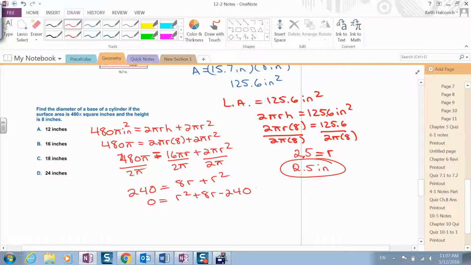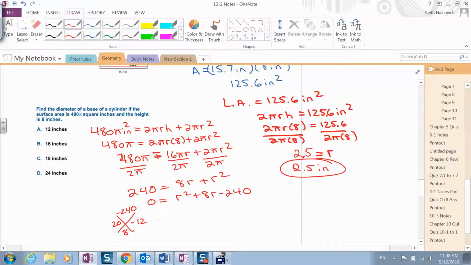And yes, everybody's favorite, you're going to factor. And you know you have to do that because you have r squared and r. The factors of 240 that add to 8 are positive 20 and negative 12.